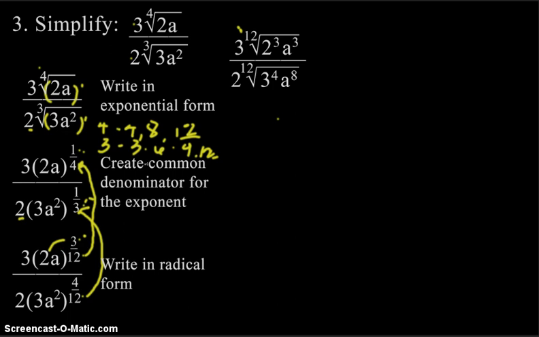So meron tayong exponent na 3 at index na 12. Ganon din sa denominator. So ang exponent natin dito ay 1. So 1 times 4/12 is 4/12. So meron tayong exponent na 4 at index na 12. Dito sa A, meron tayong 2. So i-multiply natin yung 4/12 sa 2. So that is 2 times 4, 8. Tapos yung denominator niya na 1. 1 times 12, 12. So yan yung index nila.